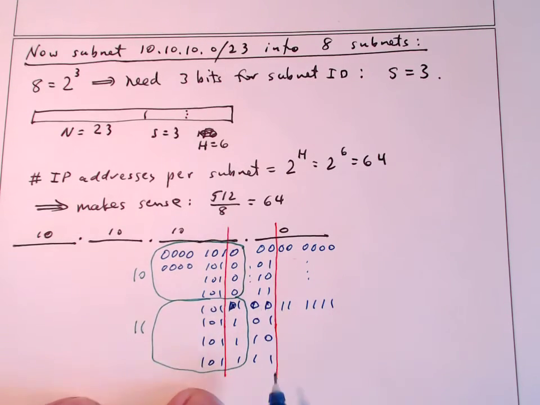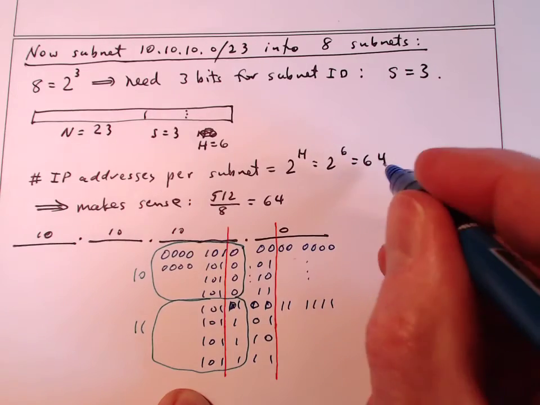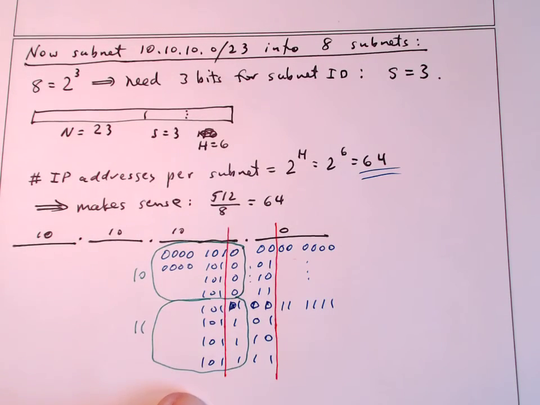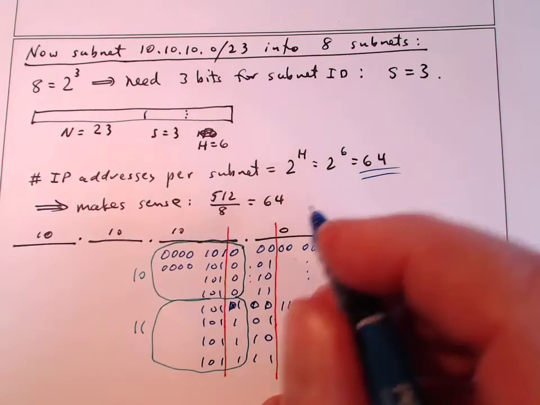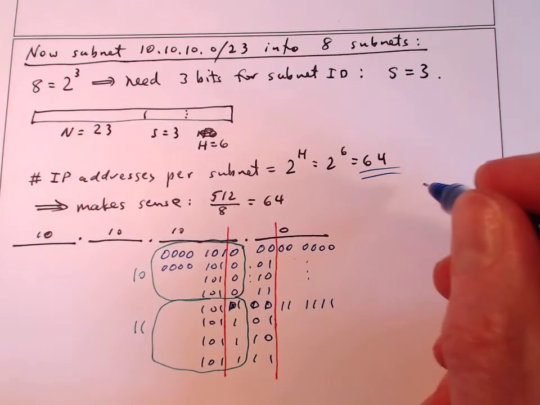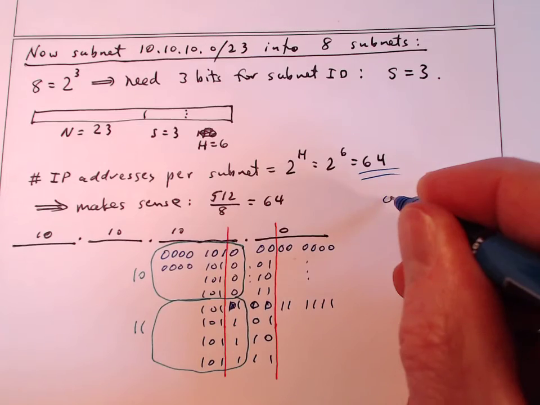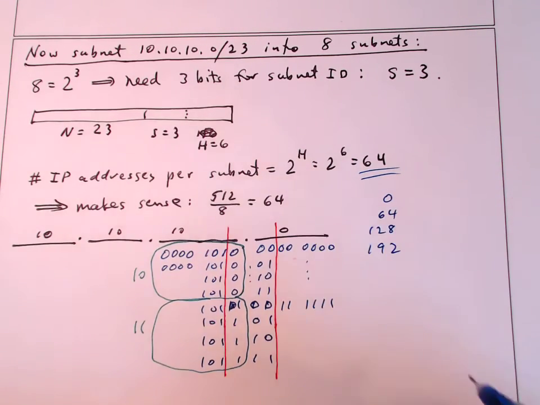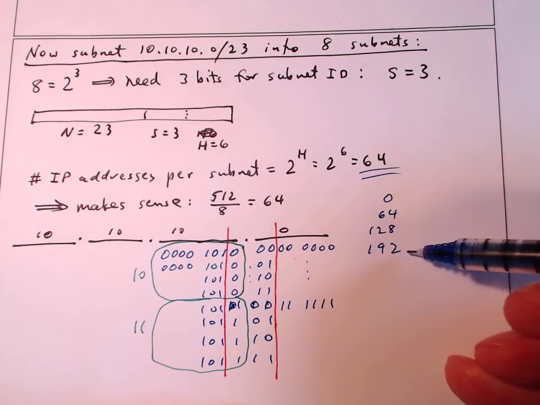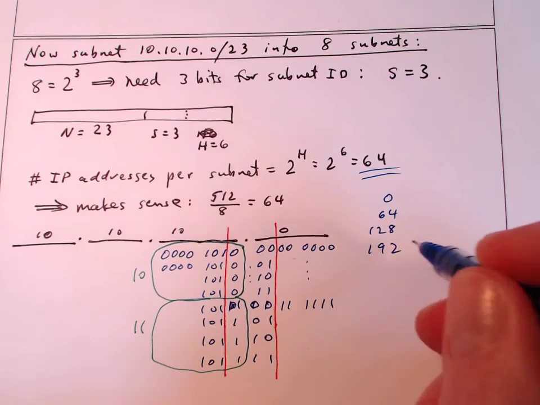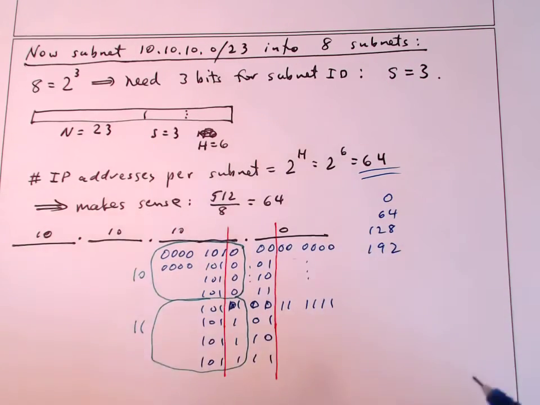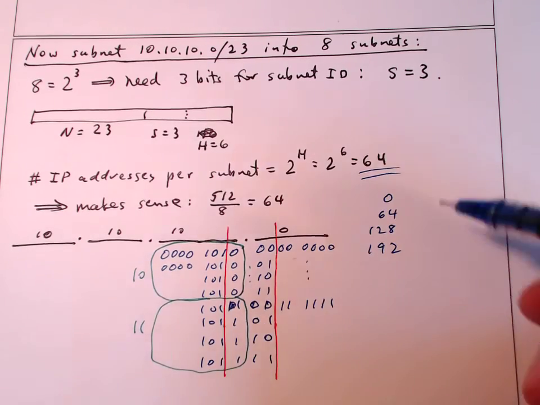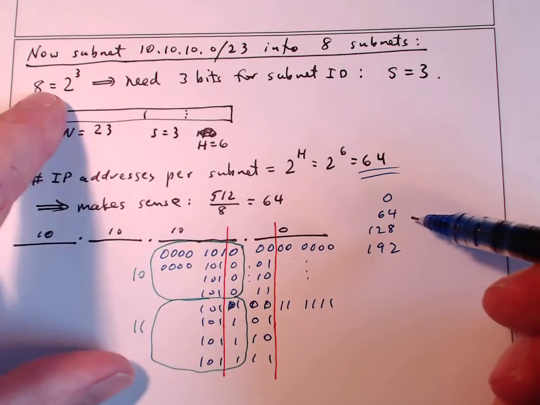So we can do it with all the detail in the binary, or we can just say to ourselves, look, we've got 64 addresses per subnet. So I know that we're going to be counting by 64: 0, 64, 128, 192. And if I count by 64s, you realize it goes above 256 by the time I get 8 of these subnets.